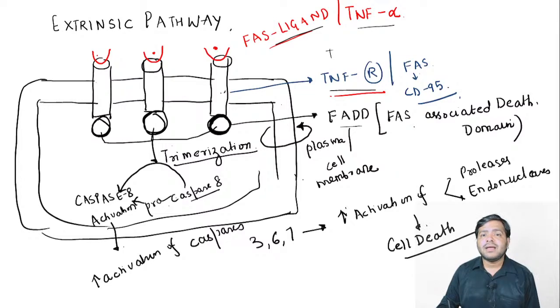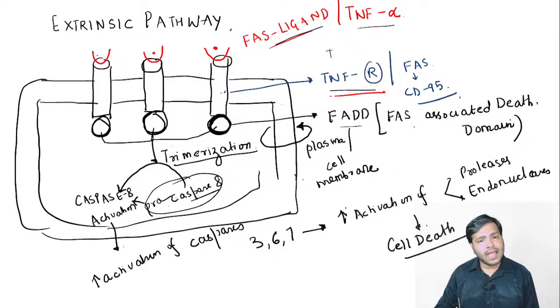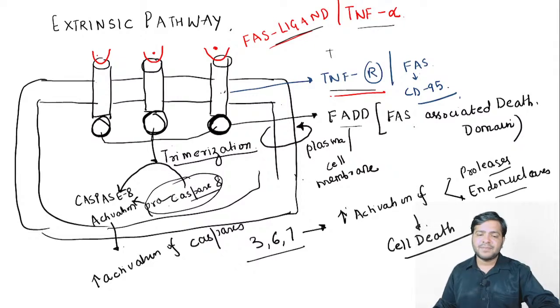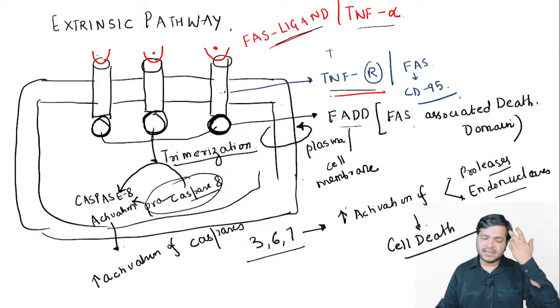The Fas associated death domain will activate, which will in turn make this procaspase 8 turn into active caspase 8, which will in turn activate caspase 3, 6 and 7, which will in turn activate proteases and nucleases. And ultimately if the proteins and the DNAs of the cells are destroyed, what will happen? The cell will die.